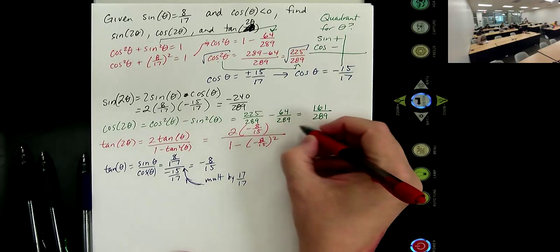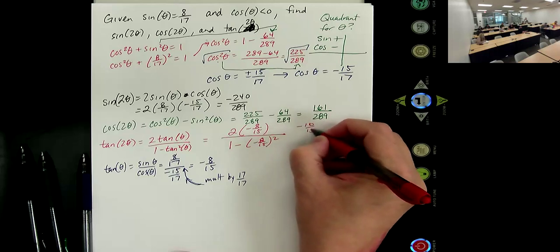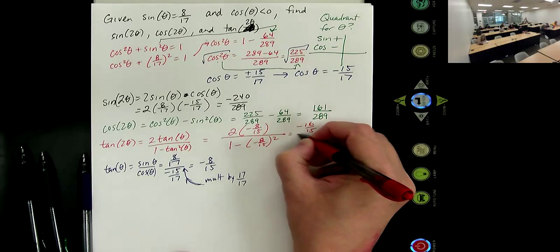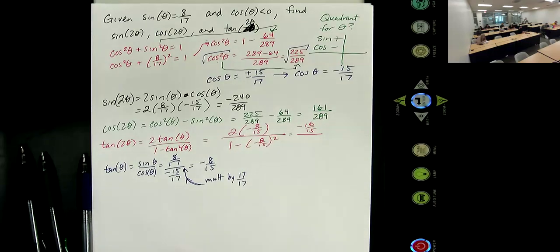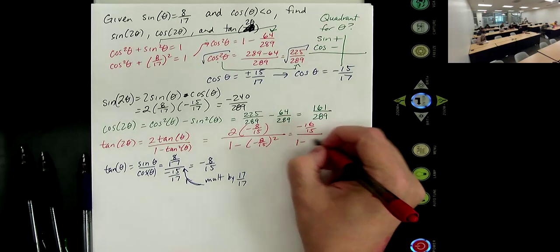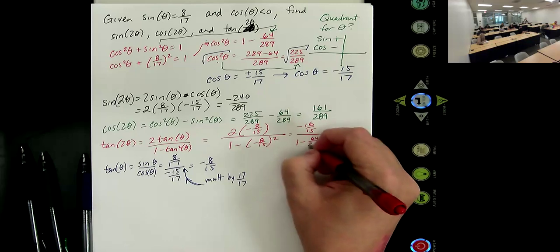Let's see, I've got negative 16/15 on the top and 1 minus 64 over 225 on bottom.